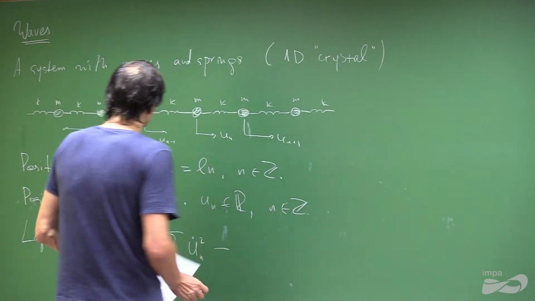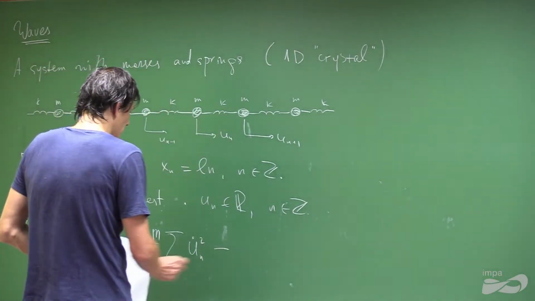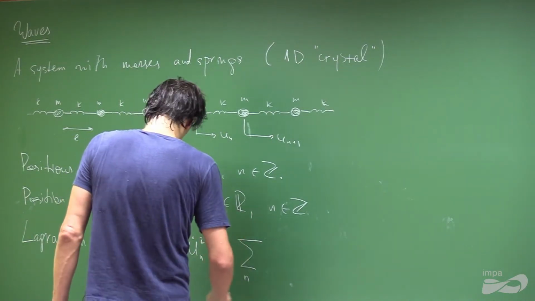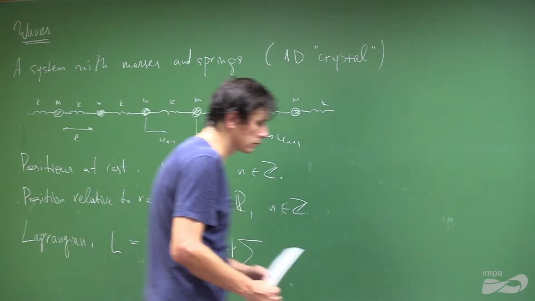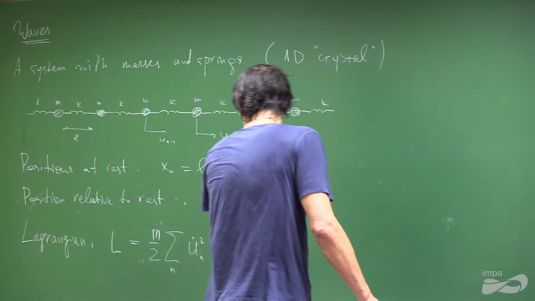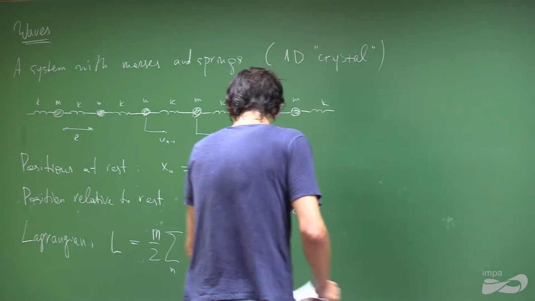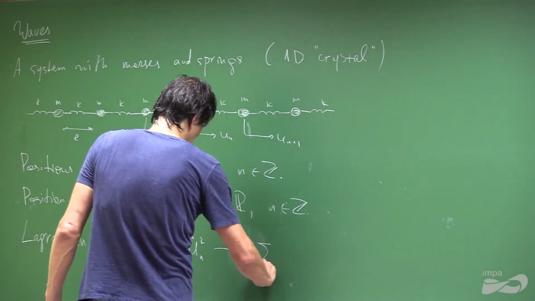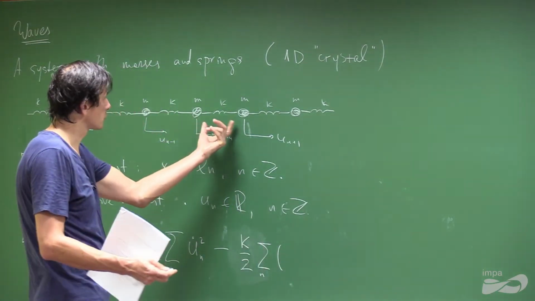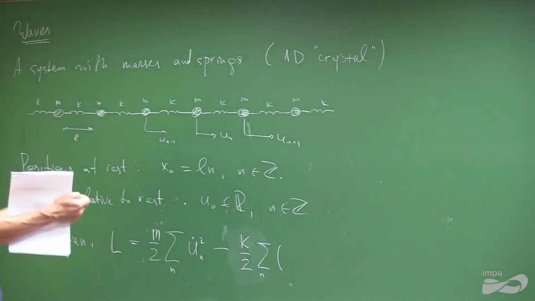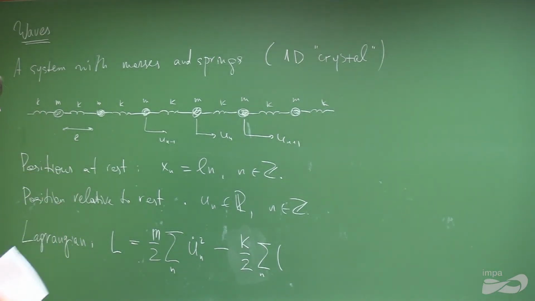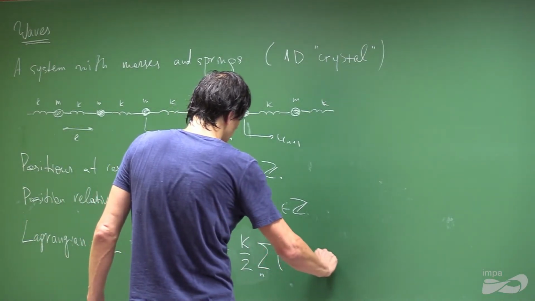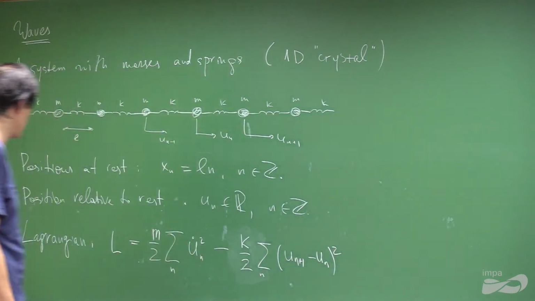Potential energy comes from each of the springs, so it's also a sum over n, with elastic energy from Hooke's law, k over 2, and then we sum the extension of each spring. The extension of the spring is the difference between the left end position and the right end position, squared. So this is the Lagrangian function.